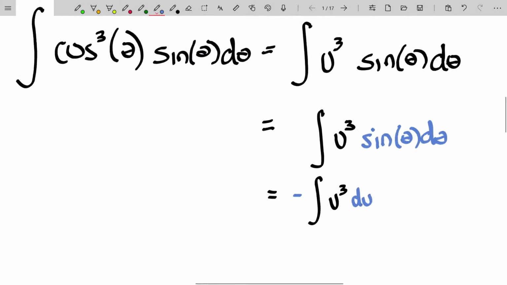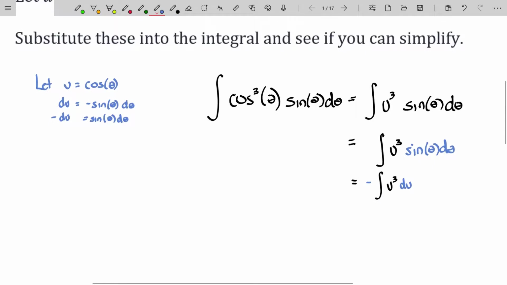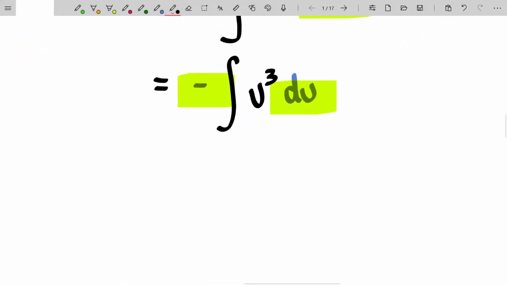Remember, negative du can trade out sine of theta d theta. And now the question really becomes, what is the antiderivative of u cubed? And you would appropriately respond, u to the 4th over 4 plus some constant c.